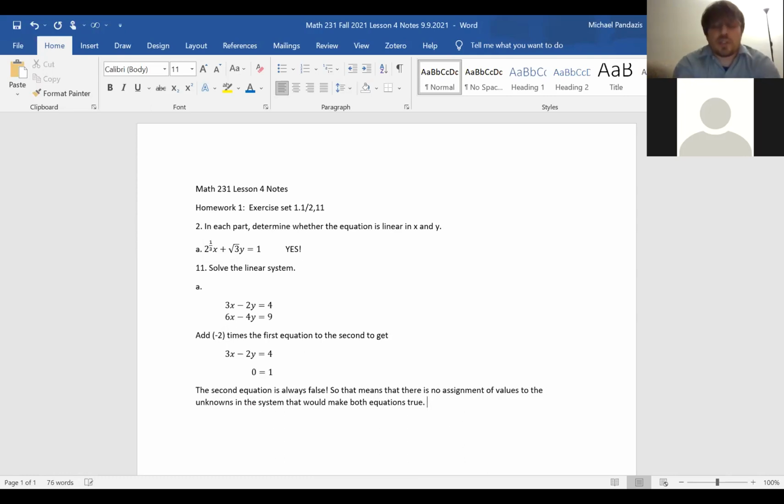So the solution set is empty. There are no solutions, and the linear system has no solutions.